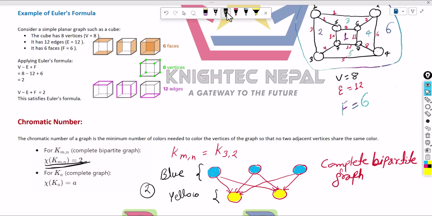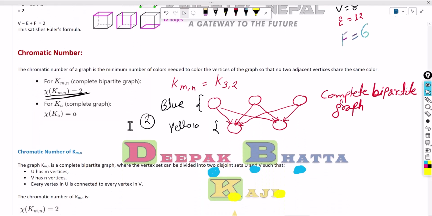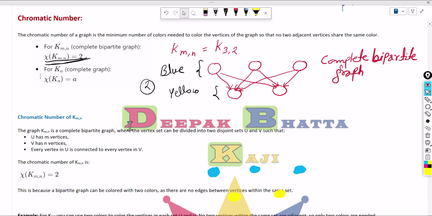So in the exam you also need to construct or show an example like this. So here is the definition of the chromatic number of Kmn: the graph Kmn is a complete bipartite graph where the vertex set can be divided into two disjoint subsets. So let us assume this as u1, u2 and u3, one subset of vertices, and this can be v1 and v2.